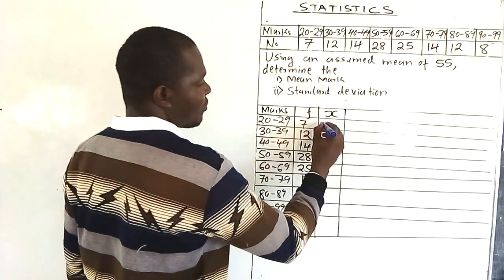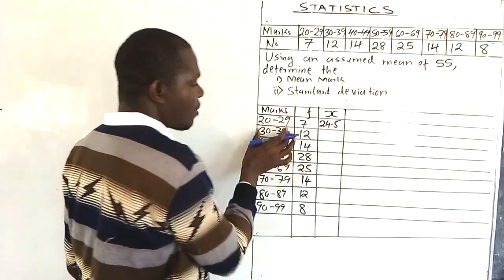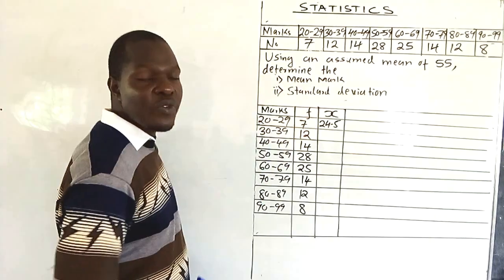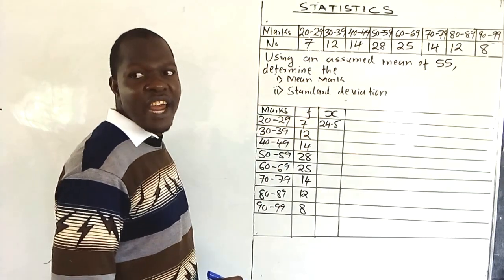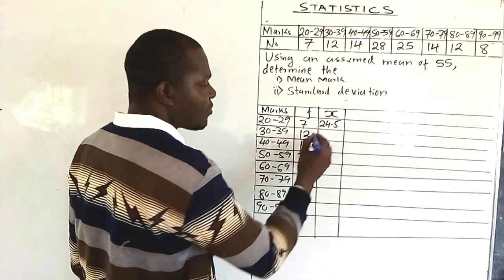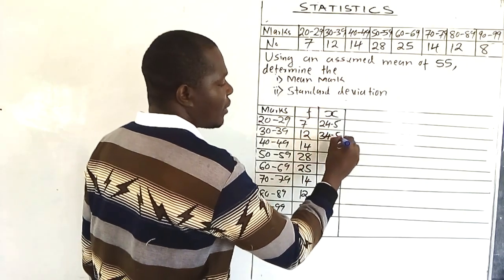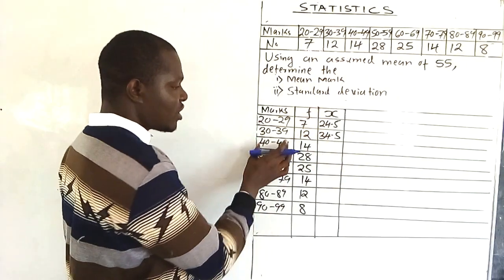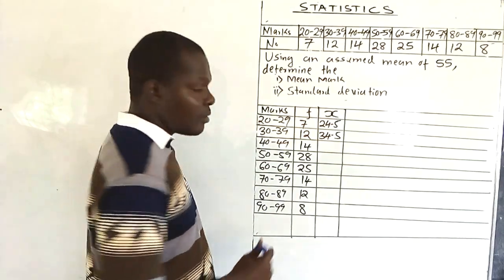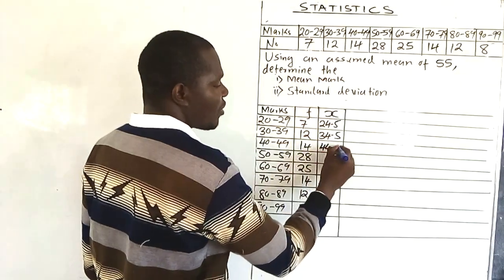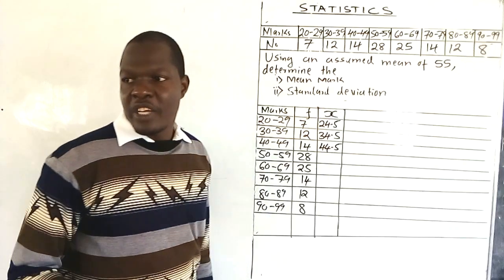So this is 24.5. What is the midpoint of 30 to 39? 30 plus 39 divided by 2, isn't it? You get 34.5, isn't it? What is the midpoint of 40 to 49? 44.5. It is 40 plus 49 divided by 2.